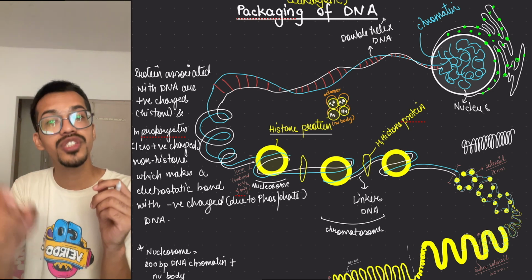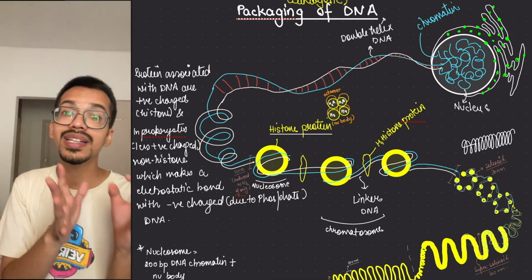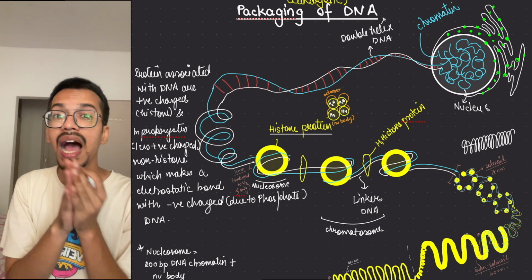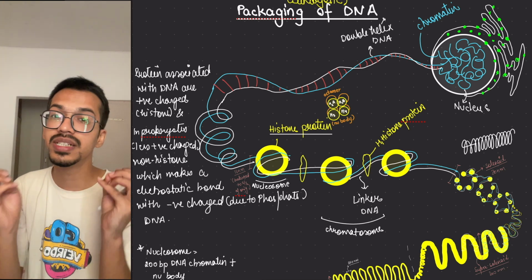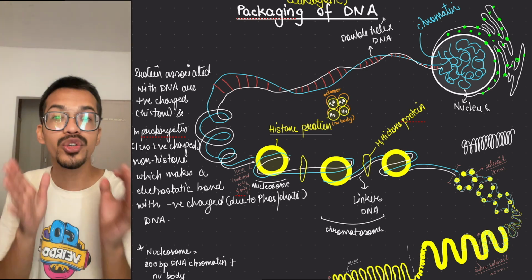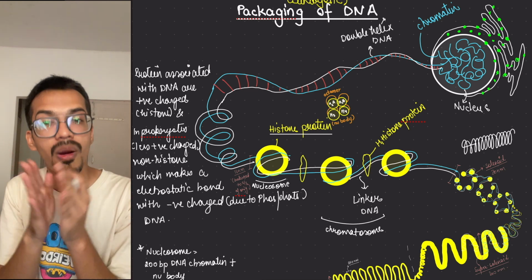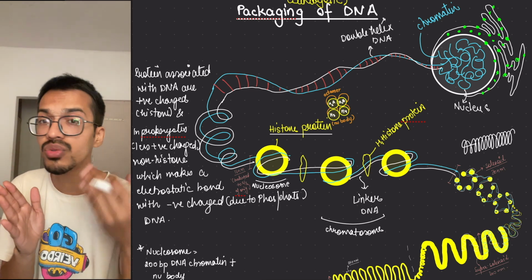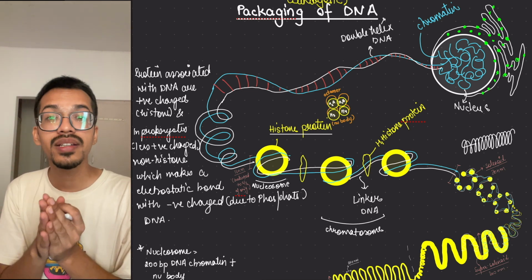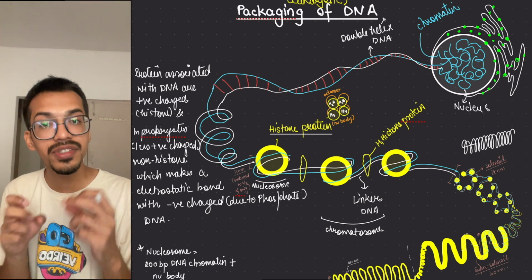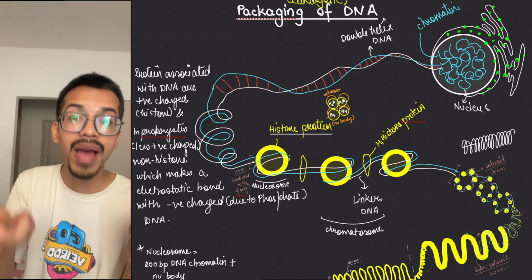These solenoids change further into a super solenoid, that is 300 nanometers. This is the maximum present in the normal cell. But during cell division, they further compact with the help of non-histone chromosomal proteins to 700 nanometers, which are the chromatid structures.